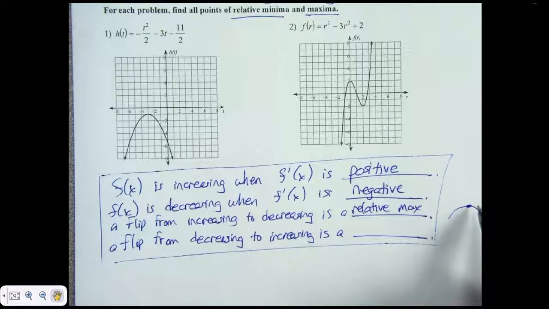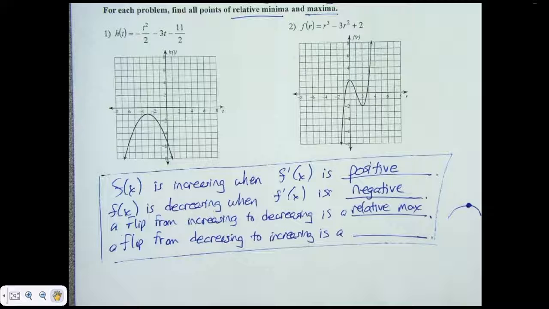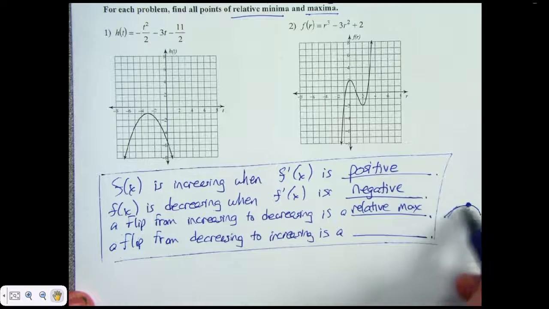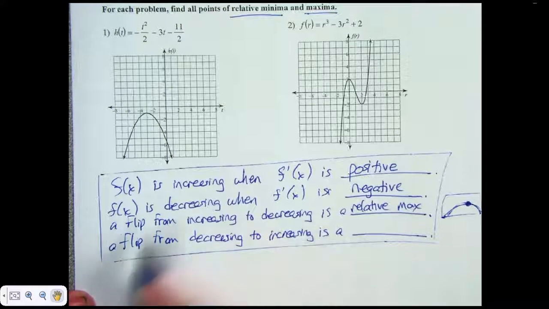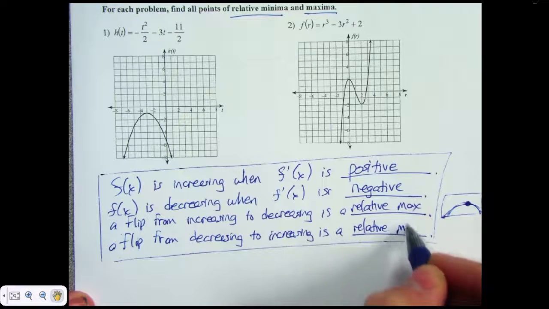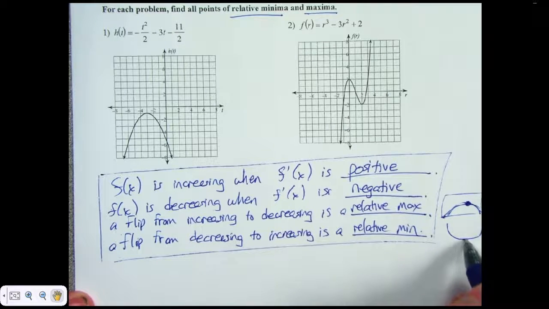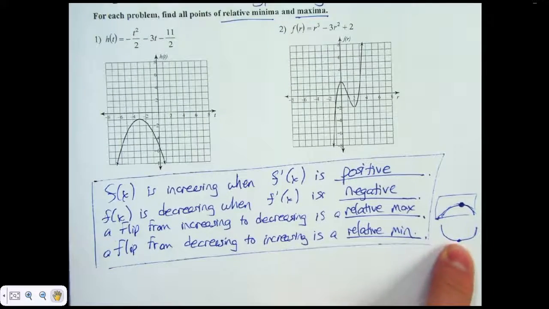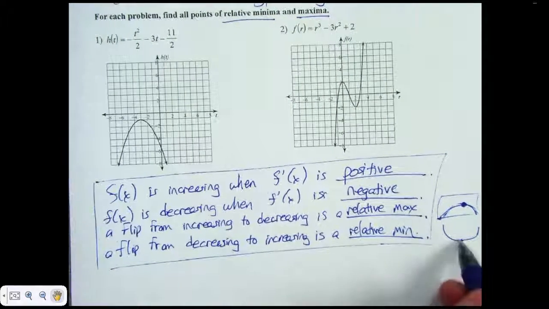That means relative to all the points around it, it's the highest. Relative max, relative top, relative peak. So relative to the rest of the points, like this little area here, that's the highest point. A flip from decreasing to increasing is a relative min. So that would be the bottom of a hill. So relative to the points on either side of it, that's the min.